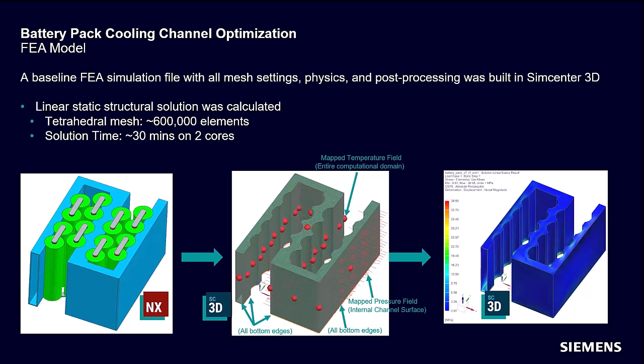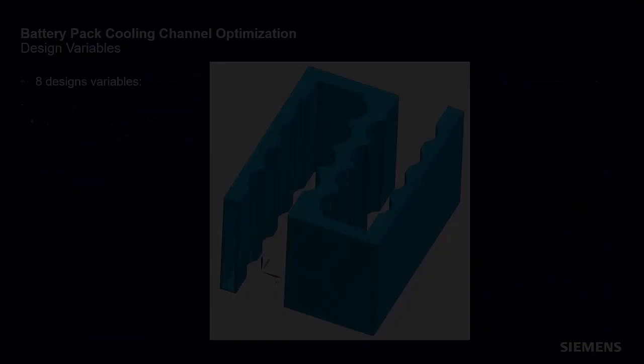The bottom edges of the channel have a fixed boundary condition, and all temperature and pressure fields from STAR-CCM+ are mapped. HEEDS via its Simcenter 3D portal will update the entire CAE pipeline based on the modified geometry from Annex and the updated temperature and pressure fields from STAR-CCM+. Then run the solution and extract the results in an automated way.